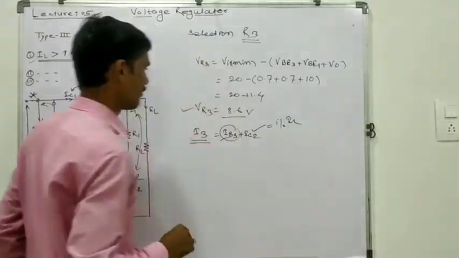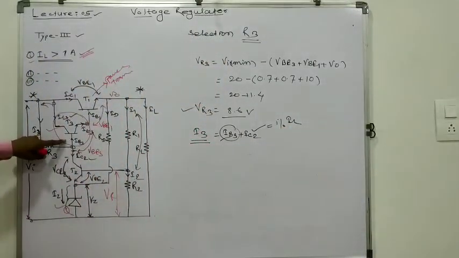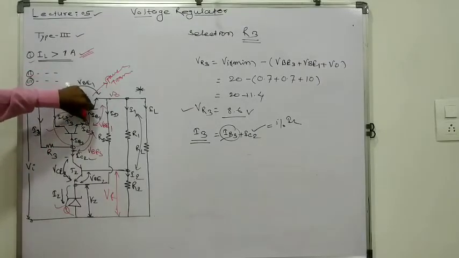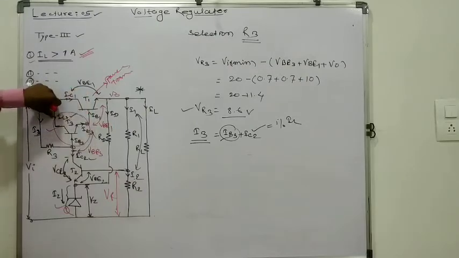But we don't know the value of IB3. IB3 can be calculated by using IE3, which is approximately equal to IC3. We had calculated IC3 as 102 milliampere in the previous problem.